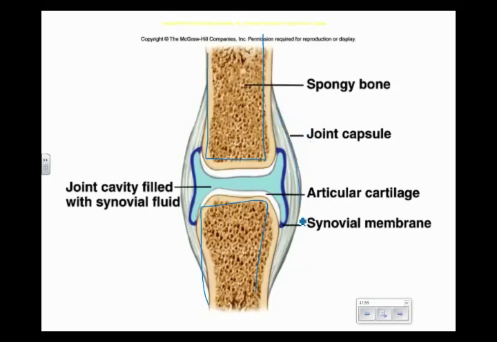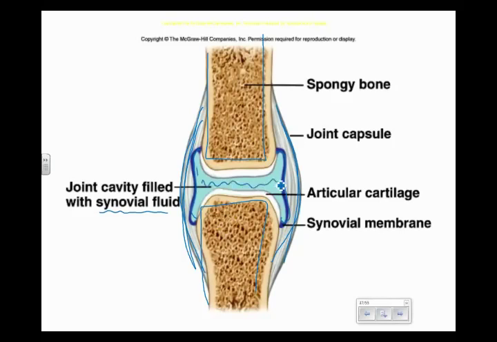On the outside of it, we have what's called a joint capsule, which is dense regular connective tissue, like ligaments and stuff like that, as well as dense connective tissue holding these bones together. Then, on the inside, we have a lining in here, which is called the synovial membrane. So the synovial membrane is important because it secretes a fluid that's called synovial fluid, and that's what we see in light blue in here.